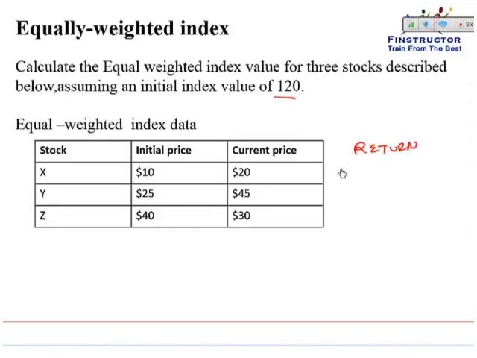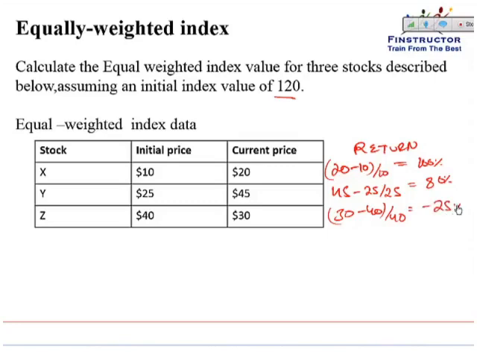For stock X, the return would be the ending value minus the beginning value divided by the beginning value. It will come out to be 100%. For stock Y, it will be 45 minus 25 divided by 25, which will come out to be 80%, that is 20 divided by 25. For stock Z, the return would be ending value minus beginning value divided by the beginning value, that is minus 10 upon 40, exactly equal to minus 25%.